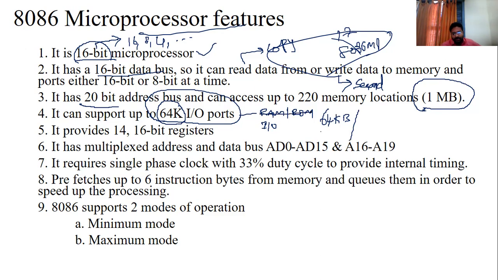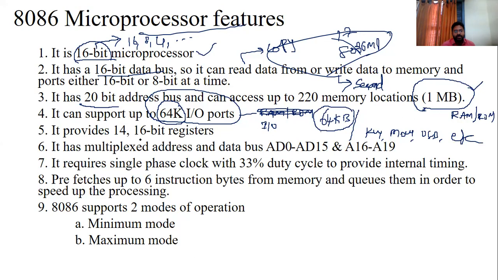Here you are not considering the RAM and ROM; that is the memory. The input output devices are the keyboard, mouse, USBs, etc. That size is only 64 KB. I will tell you why it is only 64 KB, and why the RAM and ROM memory is 1 MB.